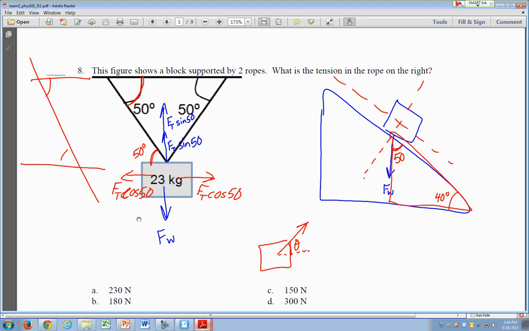The point is you always want to have your angle measured from the x-axis. Does that clear up a little bit? It's because of that right triangle that we have right here. That this angle is 90 minus the incline. It makes life a lot easier if you just do that.